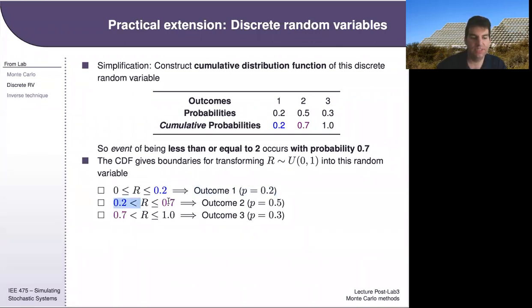If it falls between 0.2 and 0.7, you give an outcome 2. If it falls between 0.7 and 1, you give an outcome 3. And so with a few little if-then statements inside an Excel spreadsheet, you can now generate a discrete random variable with any probability mass function that you want.